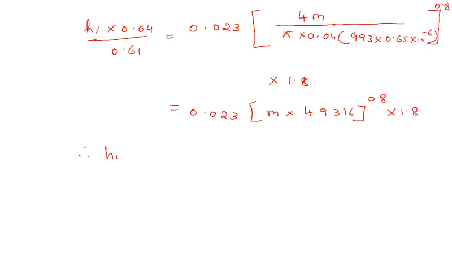Therefore, the h i value turns to be 0.61 into 0.023 divided by 4 divided by 0.04.